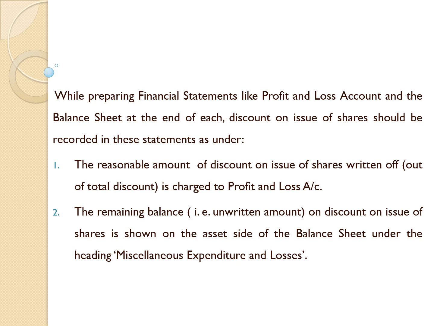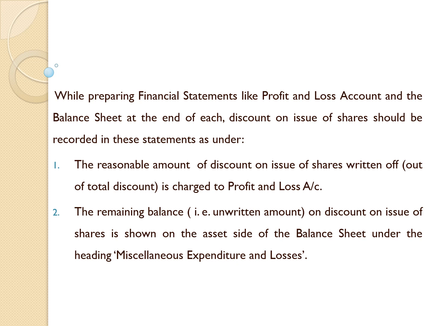These important financial statements are the profit and loss account and balance sheet. Discount on issue of shares should be recorded in these statements as under. It means discount on issue of shares is recorded in two places, or in two statements.